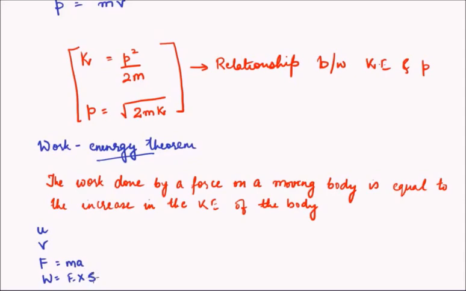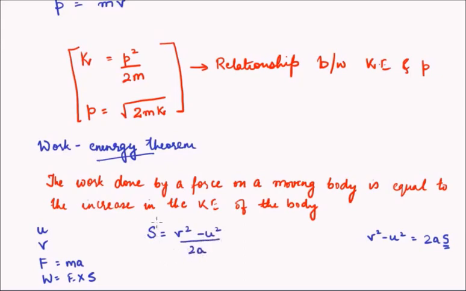For that, we need to go to the equations of motion, and we will use the relation v square minus u square is equal to 2as. From this equation we will find what is S. S will turn out to be v square minus u square divided by 2a.